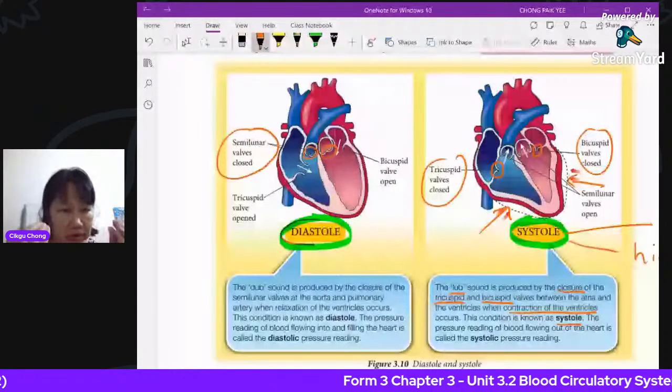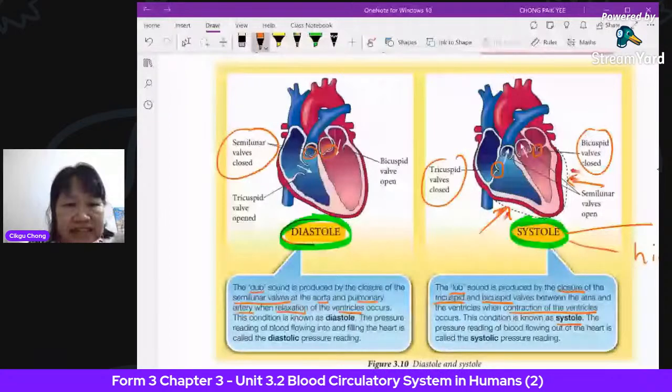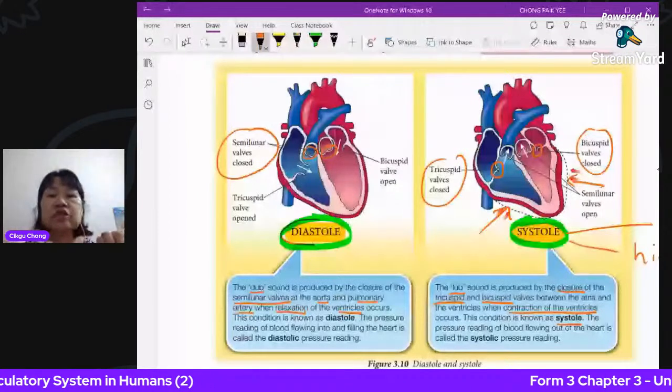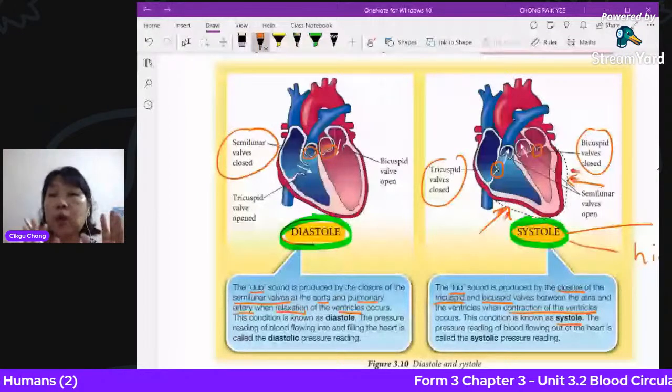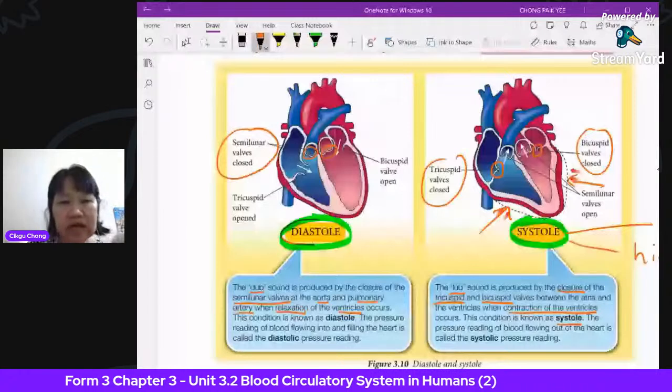This happens during the relaxation of the ventricle, 它现在是 relax. The relaxation is called diastole. The pressure here is lower because it's relaxing. 没有 pressure, or not 没有 pressure, 比较少. The pressure is low. It's called diastole. This is the diastolic pressure reading.